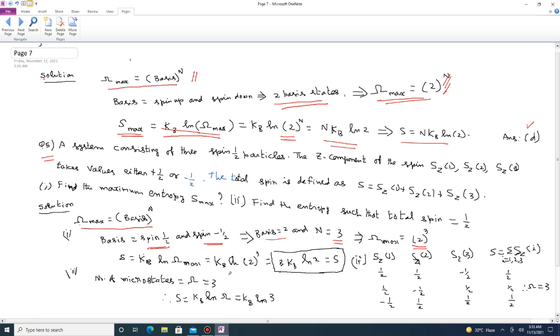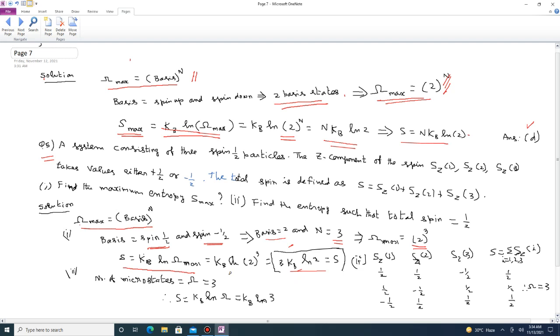Therefore, S is equal to Kb logarithm of omega maximum. So this is Kb times logarithm of 2 power 3, which is 3 times Kb logarithm of 2. So this is your expression.